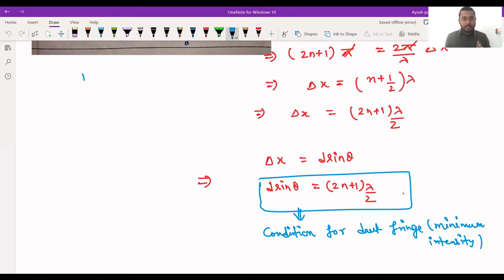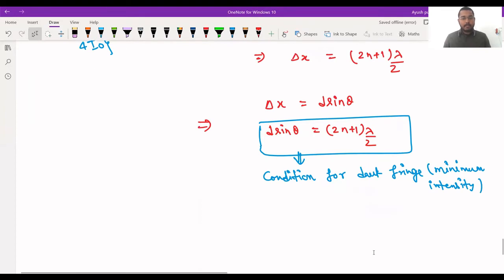That means if the intensity of individual waves is I naught, then the maximum intensity we achieve is 4 I naught. So we have got the condition of bright fringe and the condition of dark fringe.